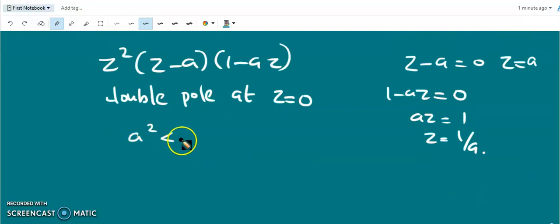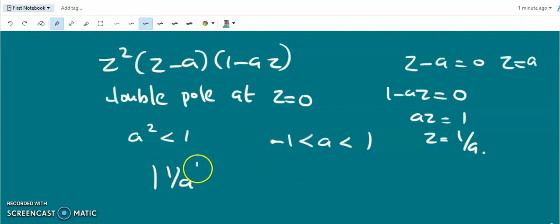So that means a has a value between minus 1 and plus 1. a square is less than 1, so the root a has a value between minus 1 and plus 1. So modulus of 1 over a: mod a is less than 1, and 1 divided by a quantity less than 1 is greater than 1.